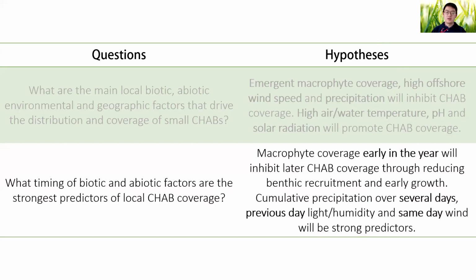And what timing of these factors are the most significant? And so we hypothesize that macrophyte coverage early in the year will inhibit CHAB coverage, reducing benthic recruitment and early growth. Cumulative precipitation over several days will mix the water column and reduce CHAB coverage. And previous day light and humidity and same day wind will also be strong predictors.